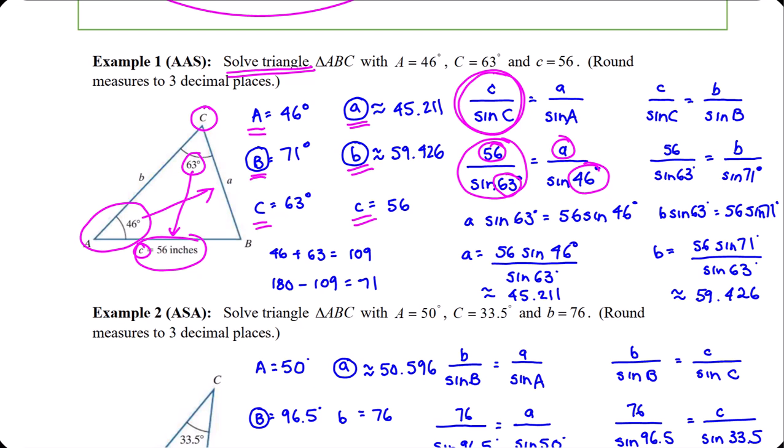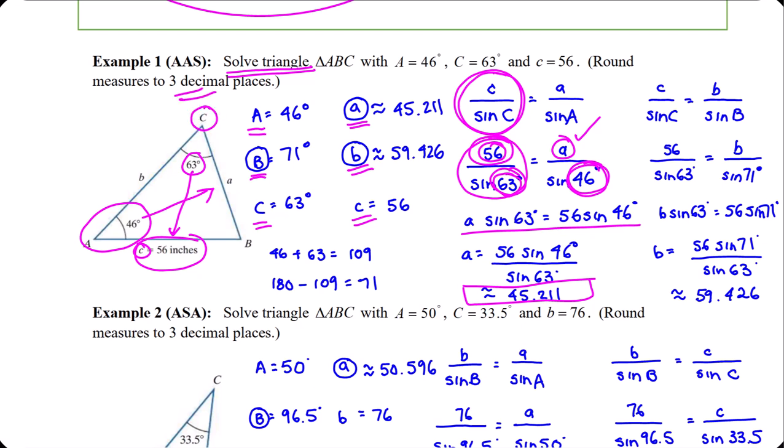So in all proportions or 2 fractions, you want to make sure you know 3 of the positions and 1 is the unknown. Cross multiply, divide to get the A by itself, and there is our A value, and they want us to round to 3 decimal places.